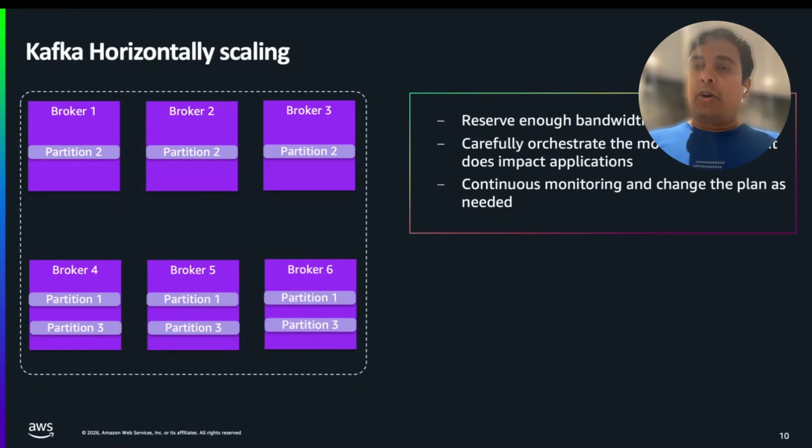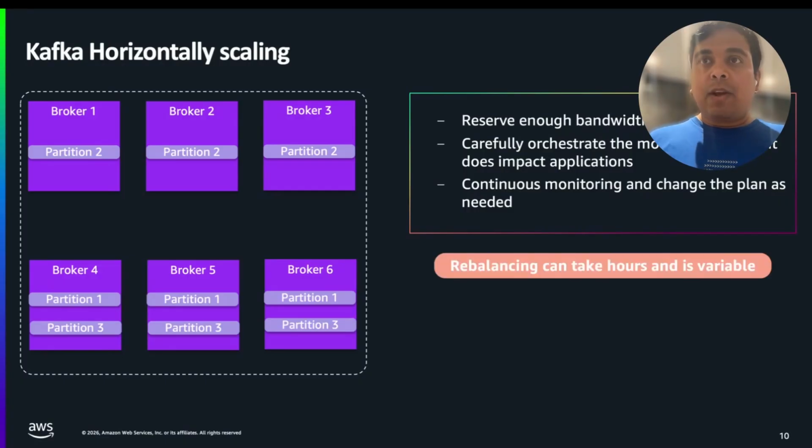First, you need to ensure you have enough reserve bandwidth for the rebalancing. You need to carefully orchestrate the partition movement so it doesn't impact your applications. Also, you need to continuously monitor the throughput throughout the process so that you can readily adjust the plans if anything needs to be changed.